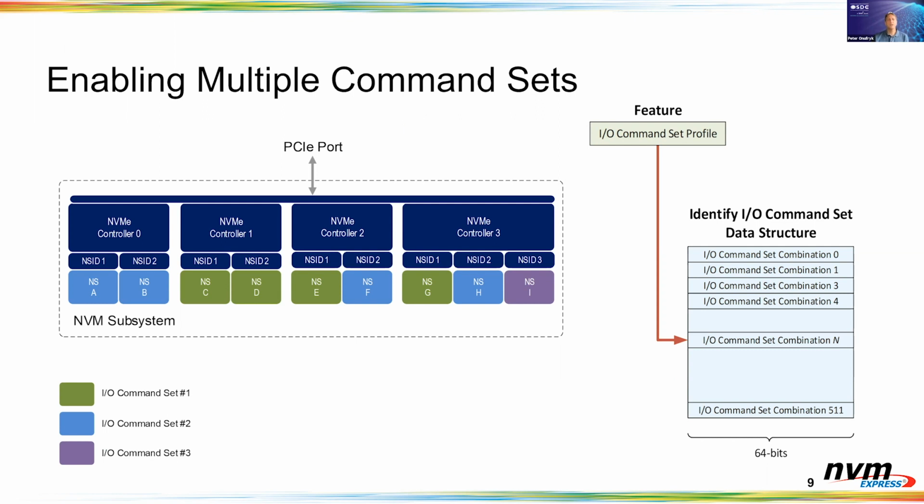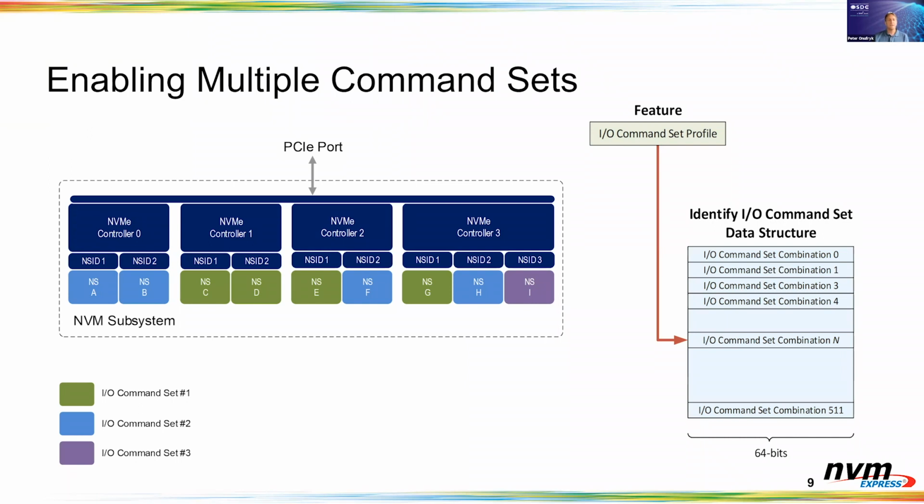If you're building an NVM subsystem, you may want to support multiple command sets, but you may not want to allow multiple command sets at the same time associated with a controller with commands being interleaved in an arbitrary manner. Since your use case may not require this, and supporting arbitrary interleaving increases implementation and validation complexity, you may want to prohibit this.